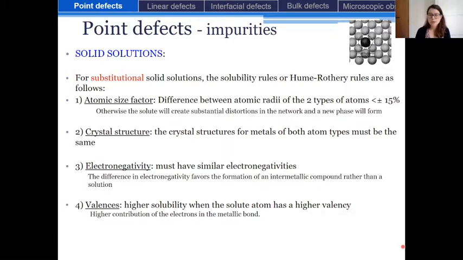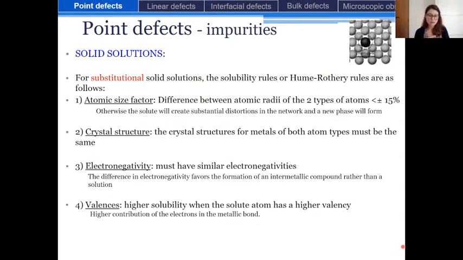The second point is related to crystal structure. The crystal structures for metals of both atom types must be the same. So the solvent and the solute must have the same crystal structure. Then we should consider the electronegativity. Solvent and solute must have similar electronegativities in order to favor the formation of a substitutional solid solution.